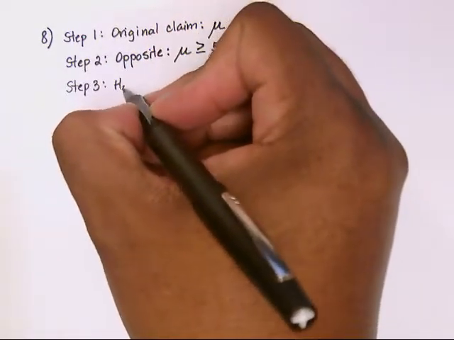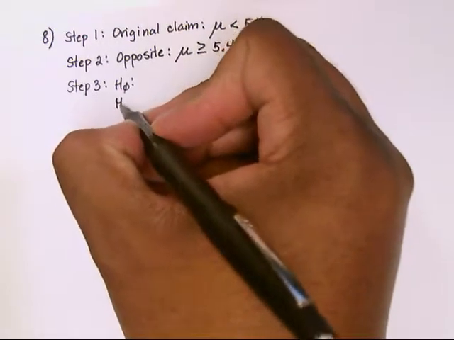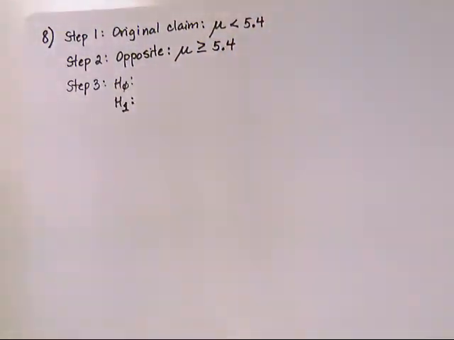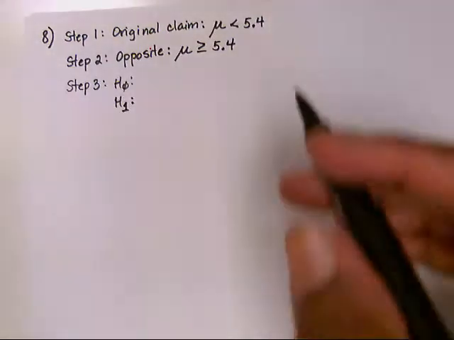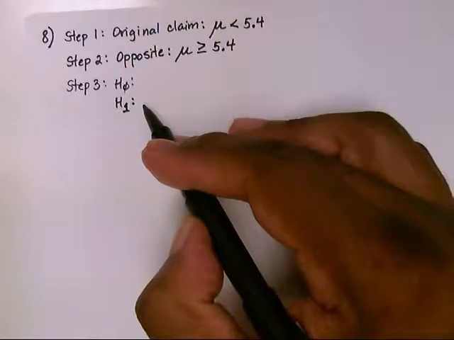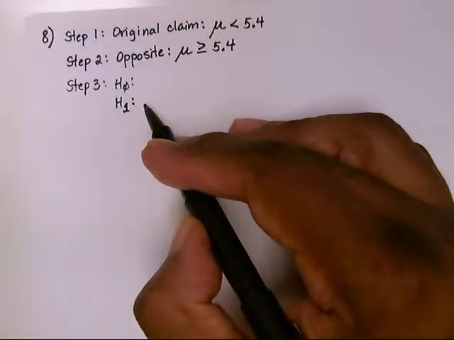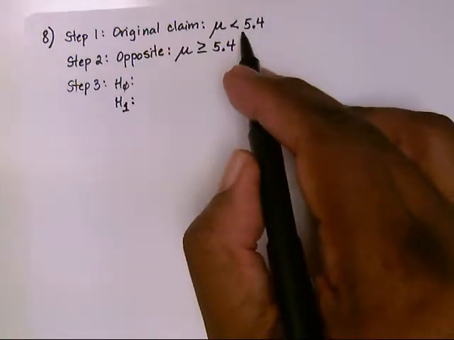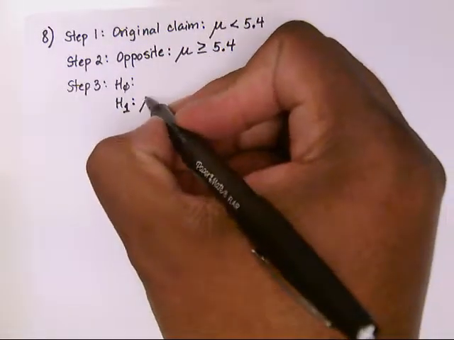Then step number 3 is writing the null and the alternative hypotheses. One of these will be the alternative hypothesis, because the alternative hypothesis has less than, greater than, or not equal to. In this case, we have less than, so this must represent the alternative hypothesis.